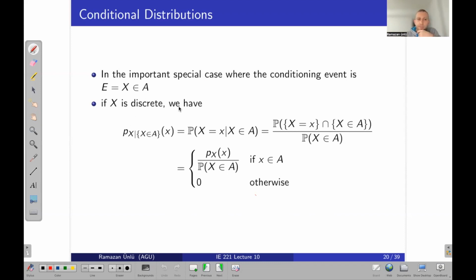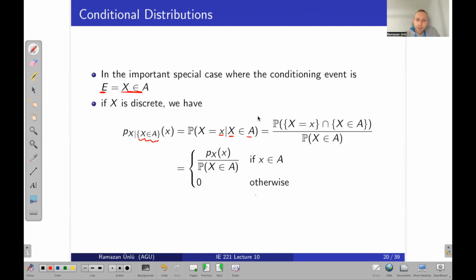If X is discrete, we will have the probability of X given E, where E is defined as X in A, which is the probability that X is equal to small x, given that capital X is in A. If I want to explain this equality verbally, X takes some values from A, and we define E as X in A, so the given information is also from the same set.